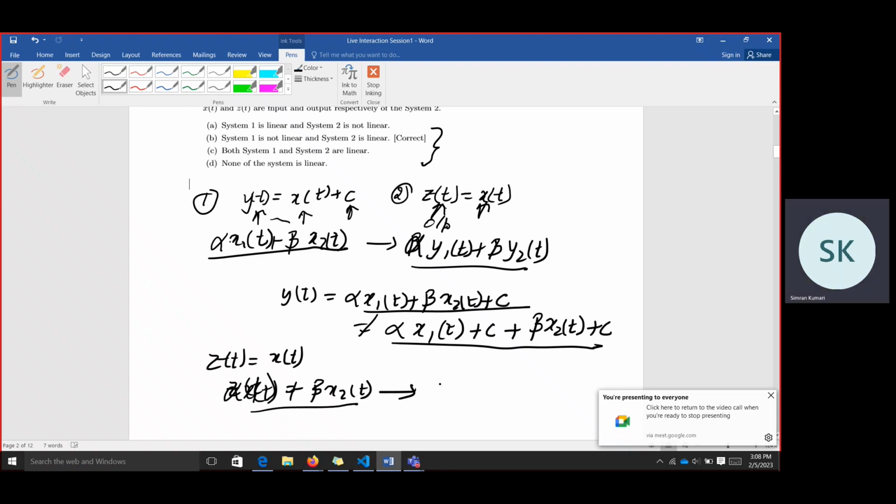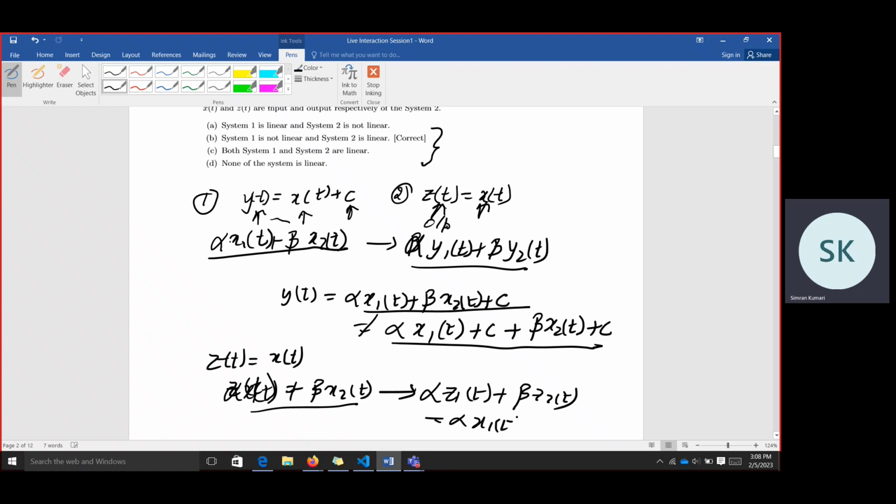And alpha z1(t) plus beta z2(t) is also equal to alpha x1(t) plus beta x2(t). So we can see these two are equal. Therefore, this system is linear. So option 2, which is given here, is the correct one.